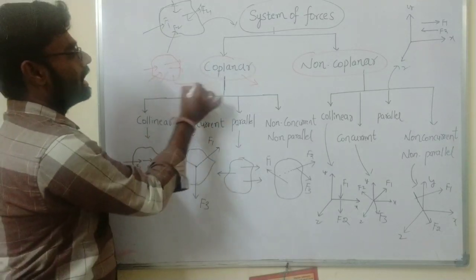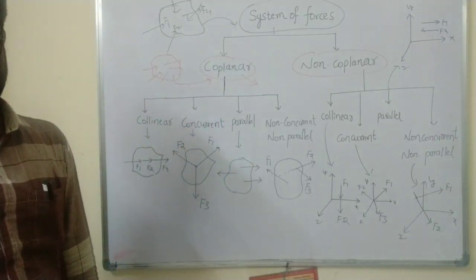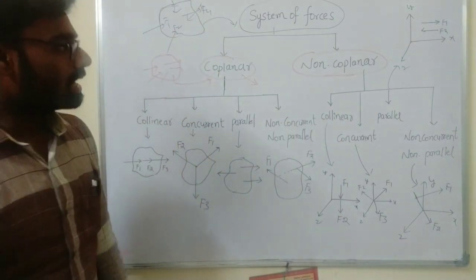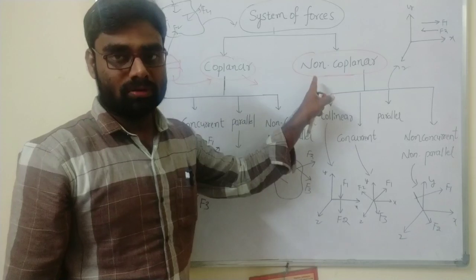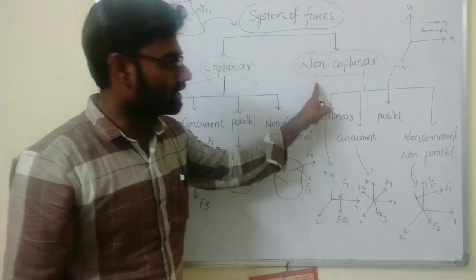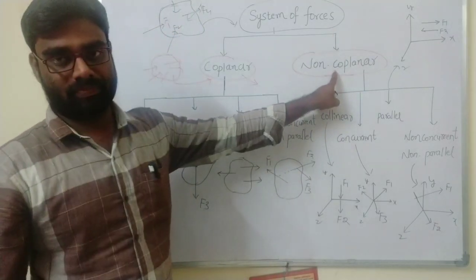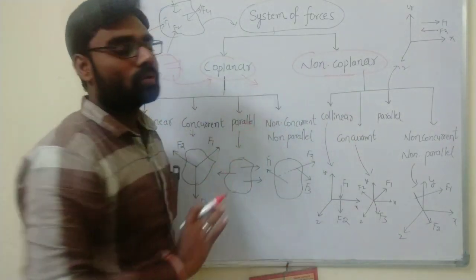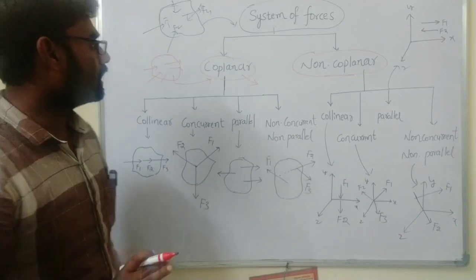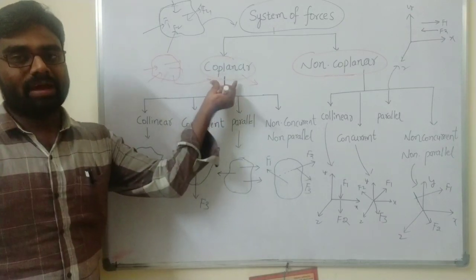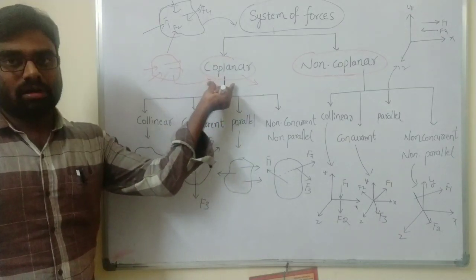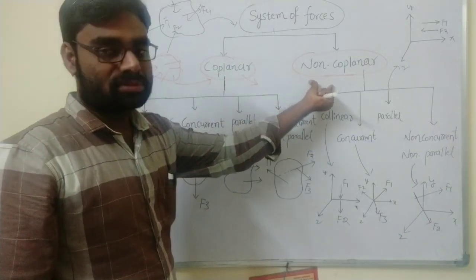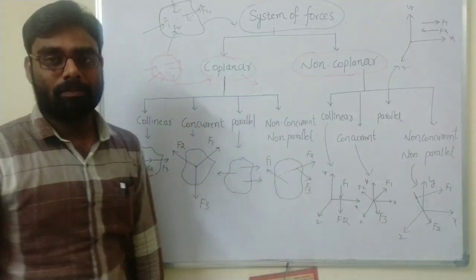The next one is non-coplanar forces, which means the line of action of all the forces acts in different planes. So coplanar means all the forces act in a single plane, and in non-coplanar all the forces act in different planes.